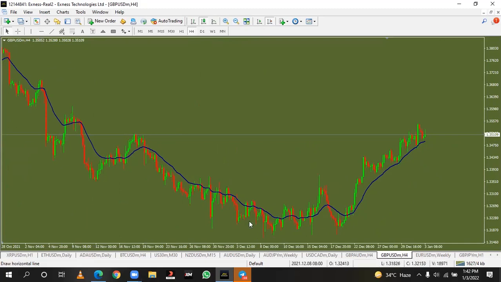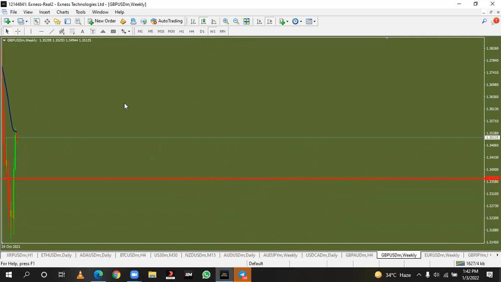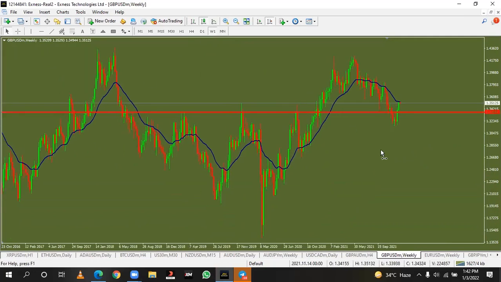Price dropped and formed our market structure region. It drops from our market structure region around here. Then what happened? At the end of the week, it went above to give us our weekly time frame.